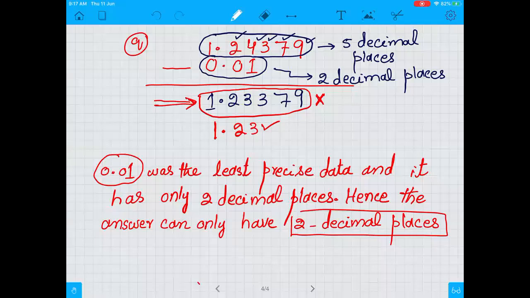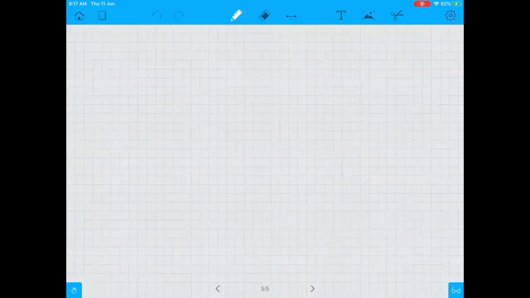What about multiplication and division? Rules for multiplication, division, and power.